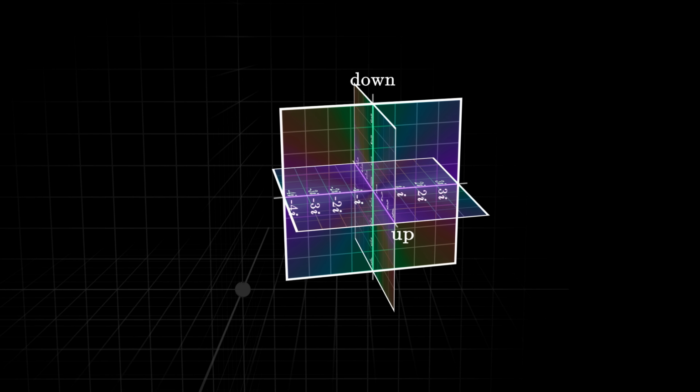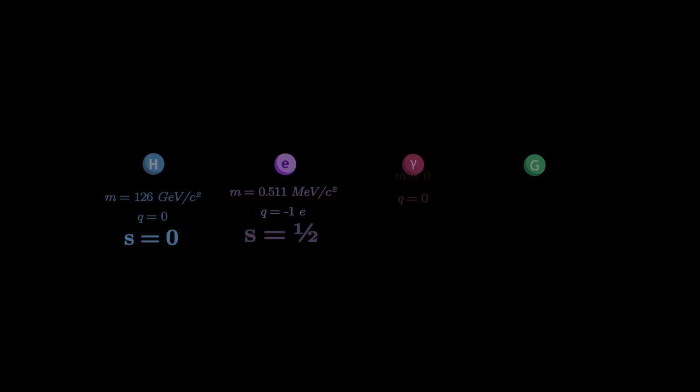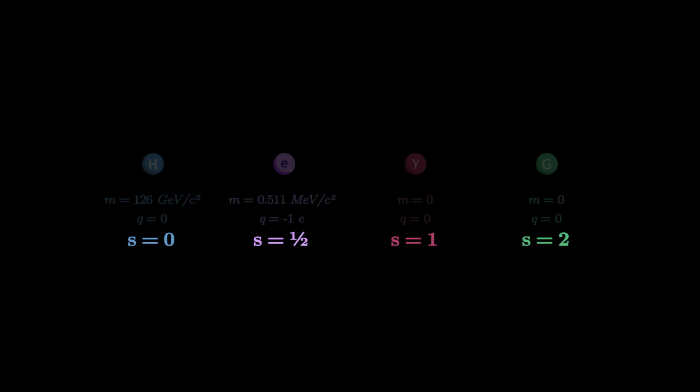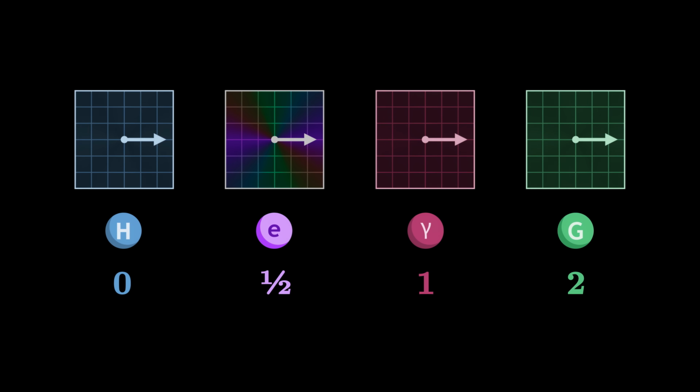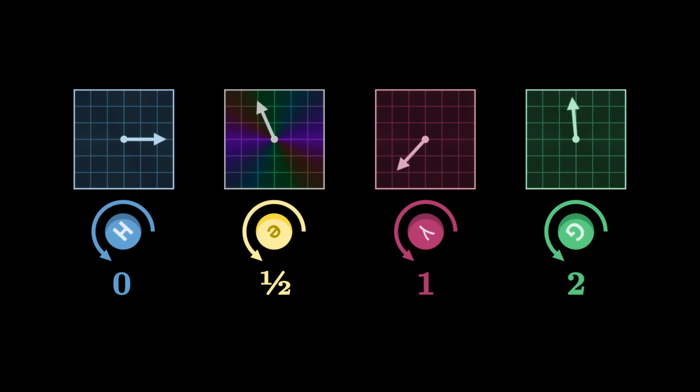Let's avoid getting lost in details and summarize everything we have seen one last time. Particles have an intrinsic property called the spin number. The spin number characterizes how fast the state of a particle changes when we rotate it in space.